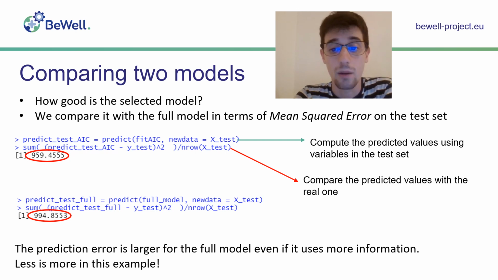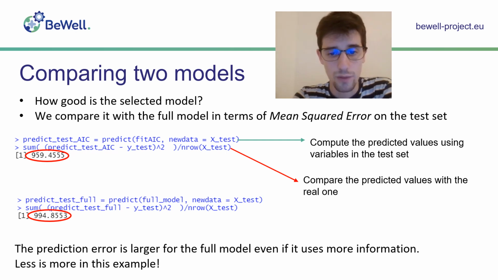Being an error metric, lower values are to be preferred. To compute it, we first need to calculate the predicted values of both the full and the reduced model using the predict function, which is automatically implemented in R.